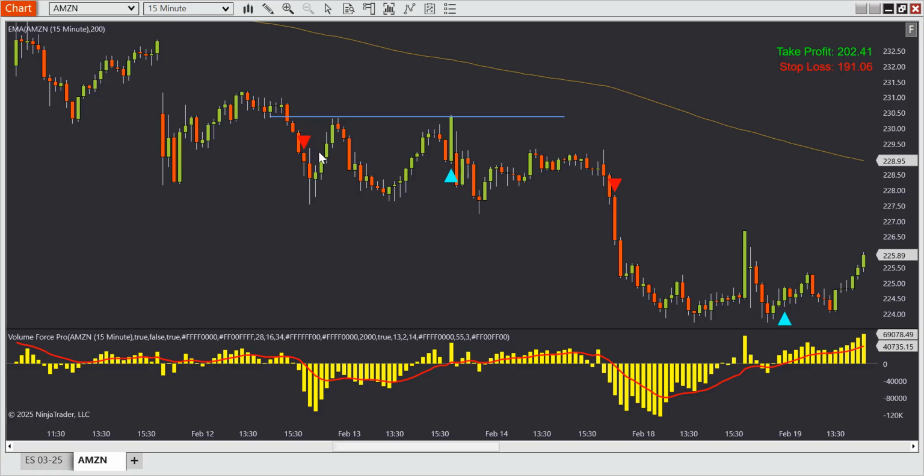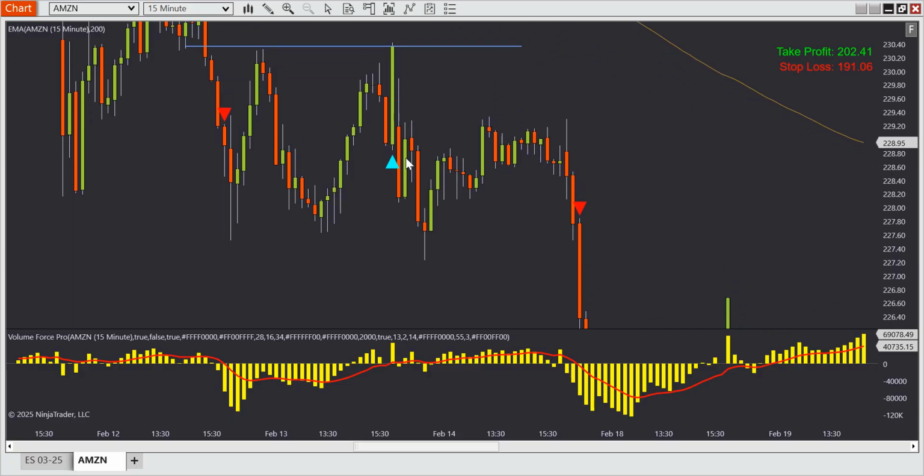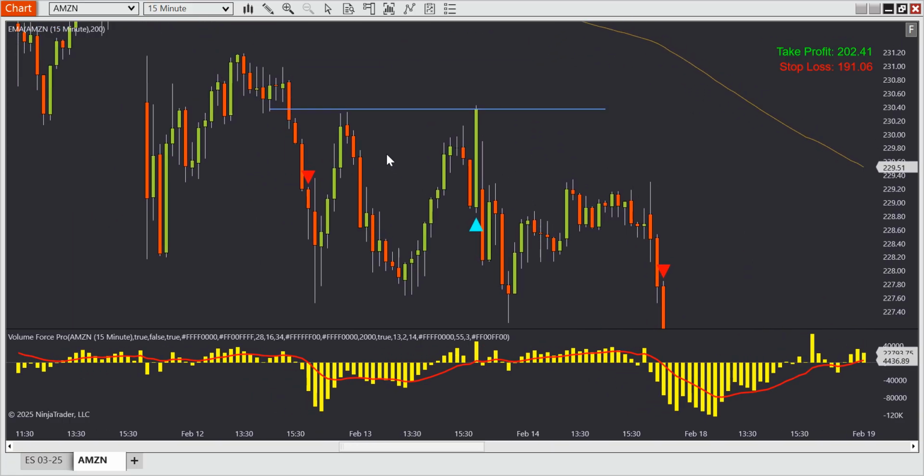So as we can see here, a strong move down with a sell signal. And again, expecting a retracement, what can we logically expect it to retrace to? This supply zone up here. And of course, let me get my line a little bit more accurate.